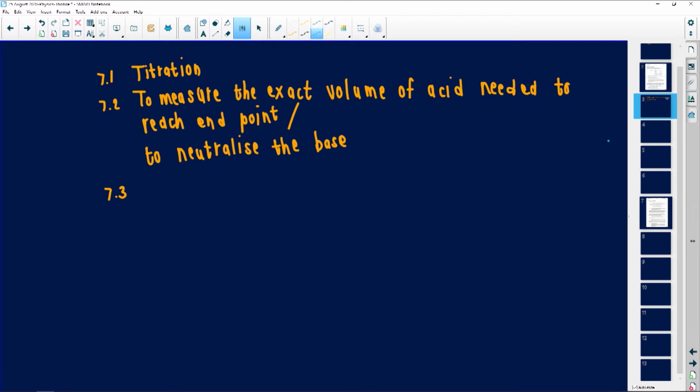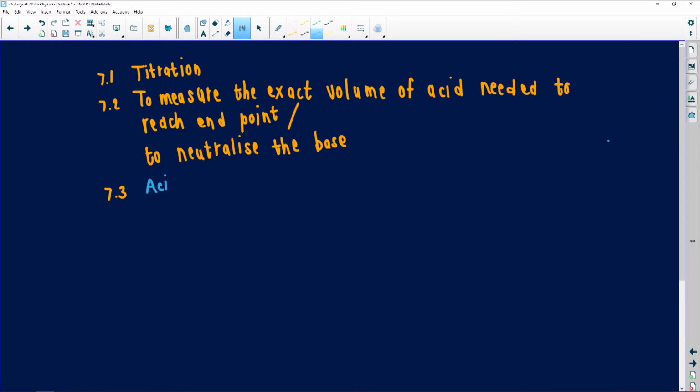Let me just change colors. So 7.3, Arrhenius says, acids produce hydrogen ions. You can also put that in a bracket to say it's an H plus.